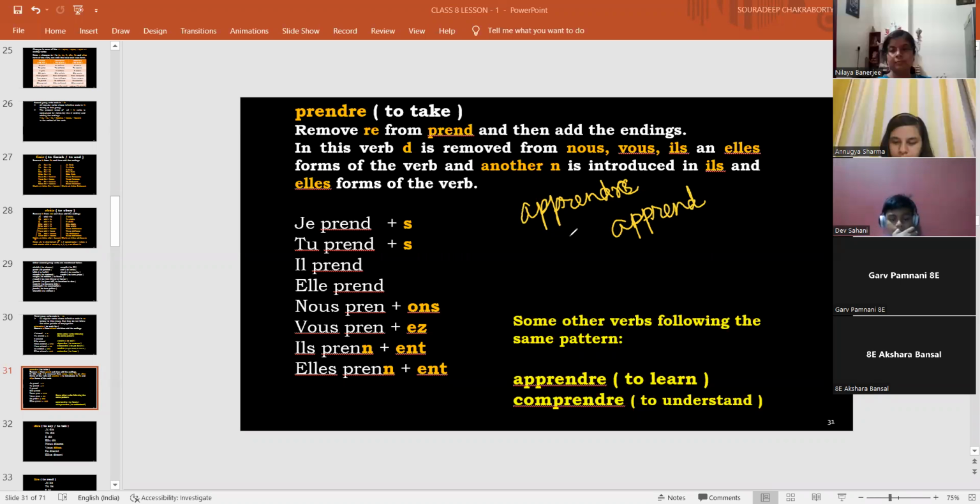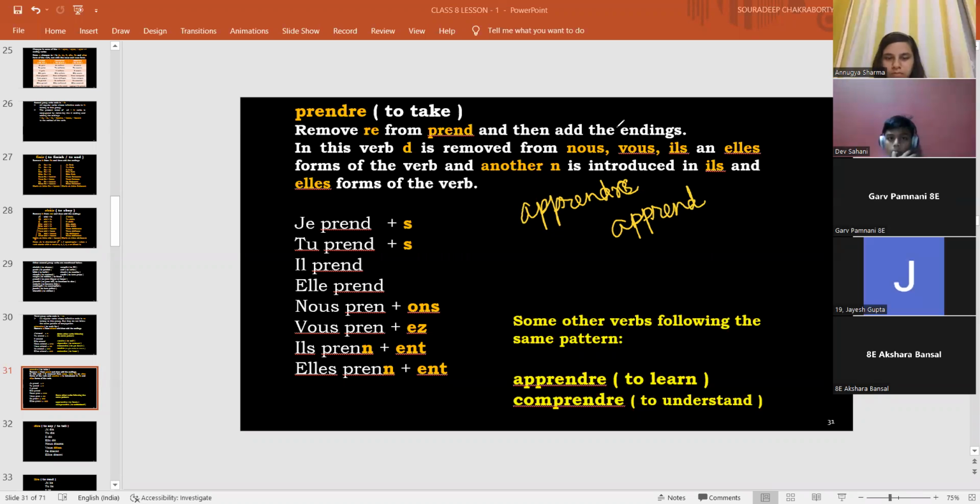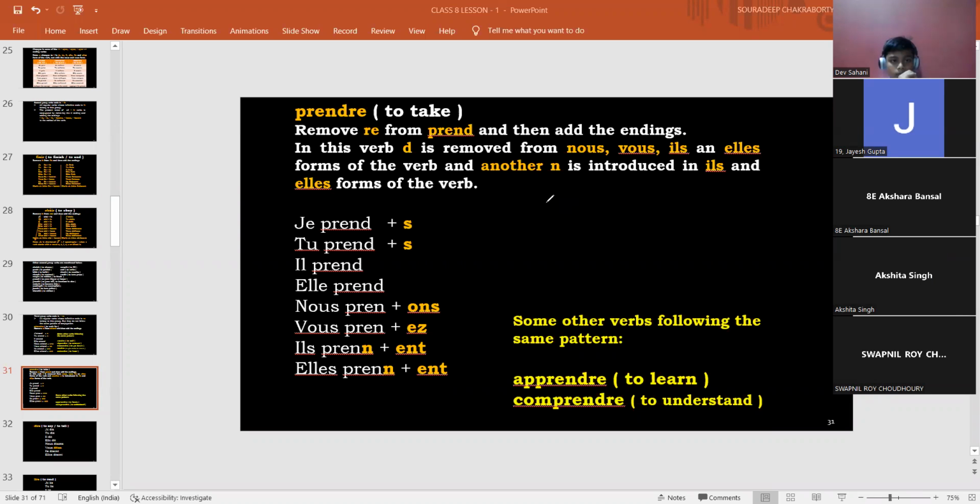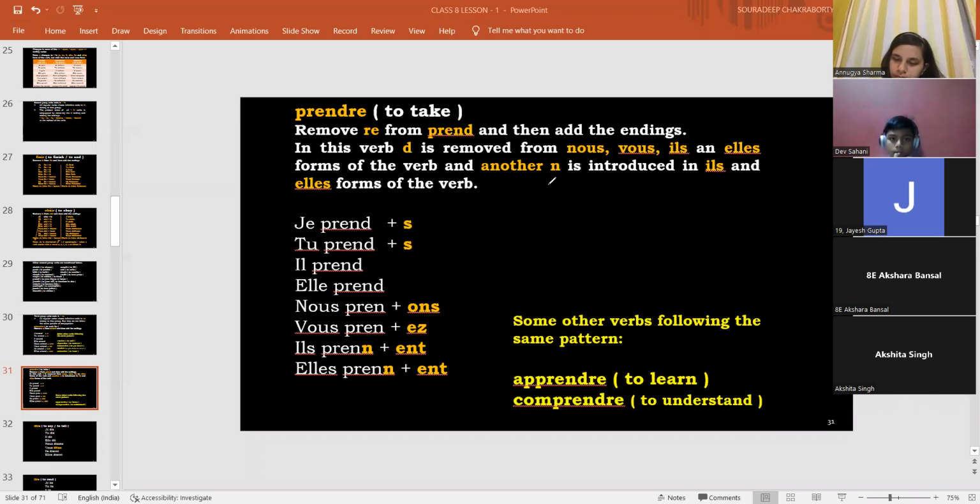Do it and send in the group. Okay, sir. Quick, hurry up. You started the third group verbs because you will require the verbs to learn.